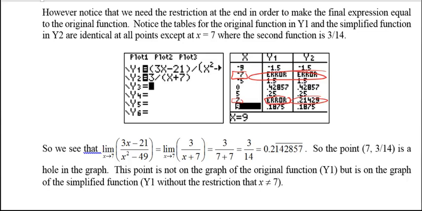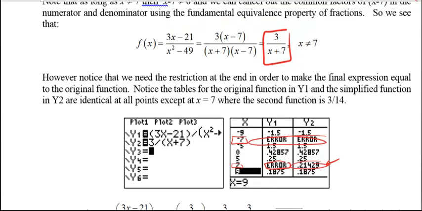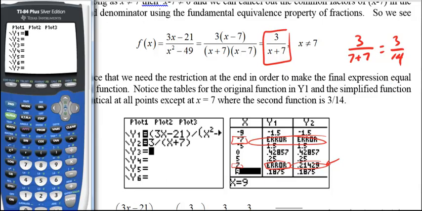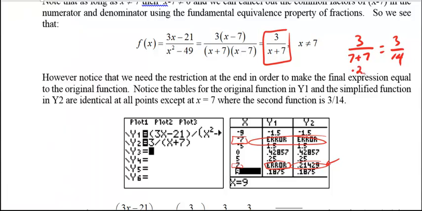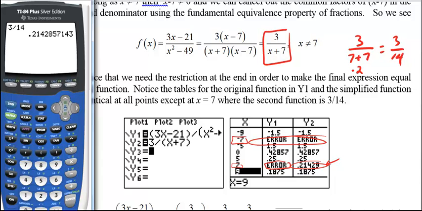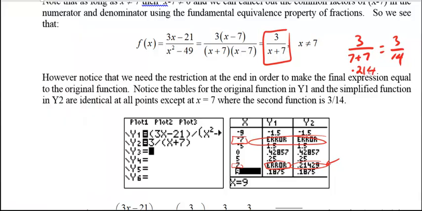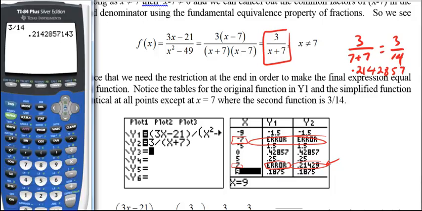Well, what does that mean for us? That means that this value here, or the approximation of the value, is the value we get when we plug in 7 here, which is 3/14. If you try to make that a decimal, that is 0.2142857, and then it repeats.